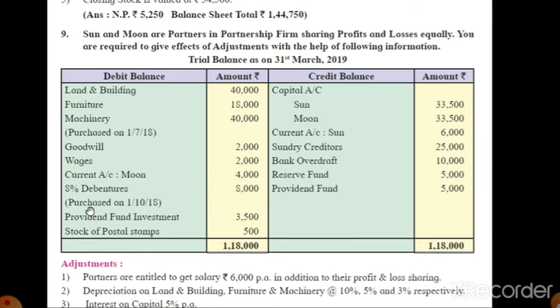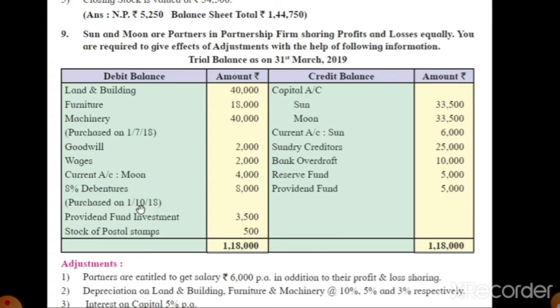Along with this they give the date, purchased on 1st October 2018. Student, here the 8% debentures is given in the list of debit balance. It means that 8% debentures is the investment, and that investment is purchased on 1st October 2018. So here there is a hidden adjustment, because we have to calculate the interest on the debentures.